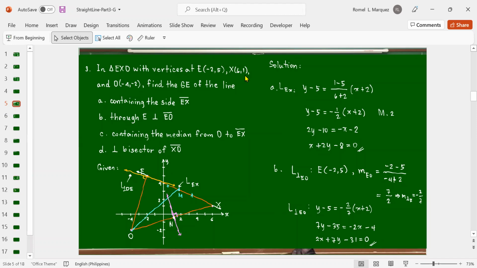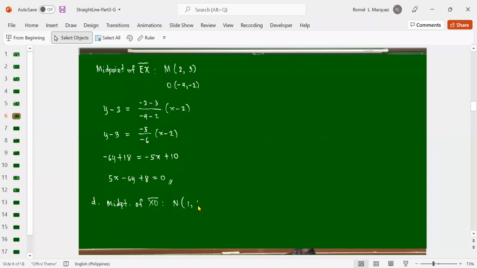Negative 2 plus 1 is negative 1, divided by 2 is negative 1/2.